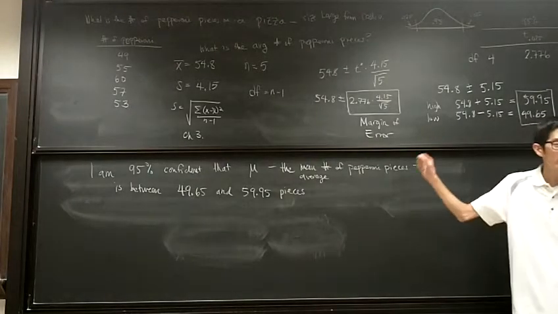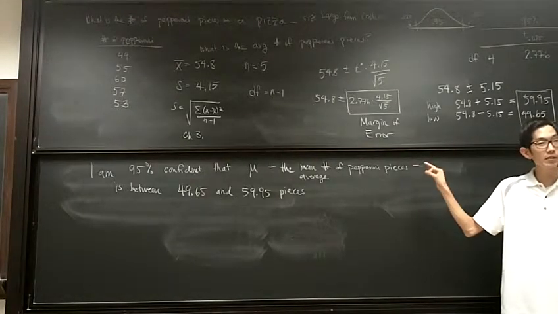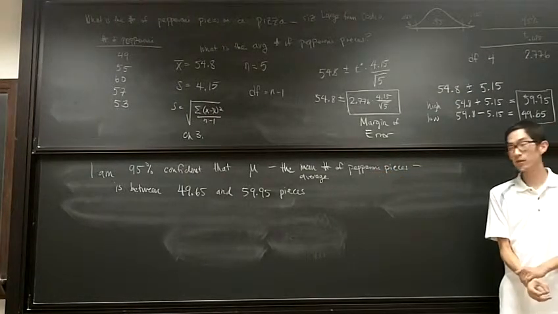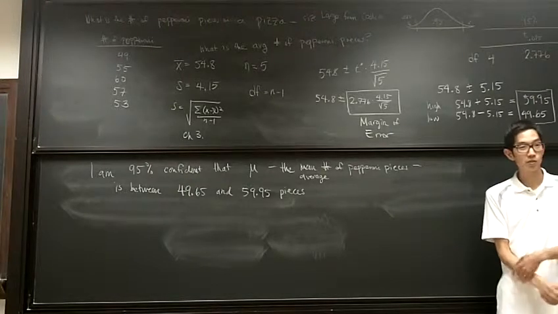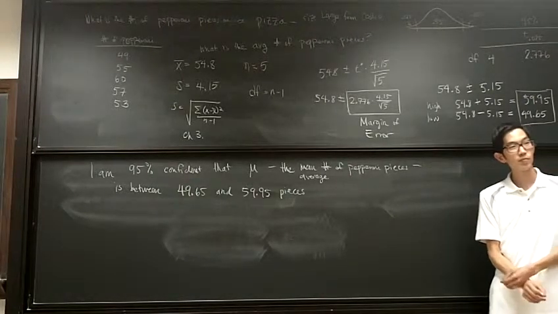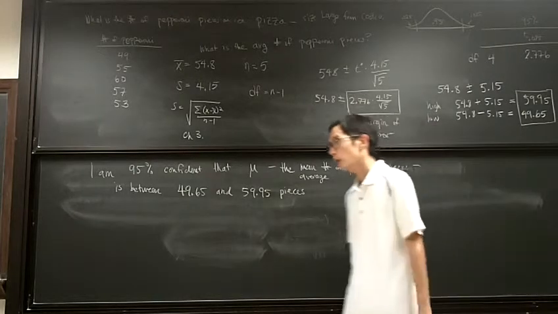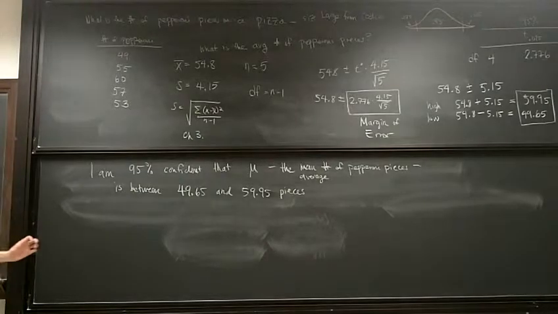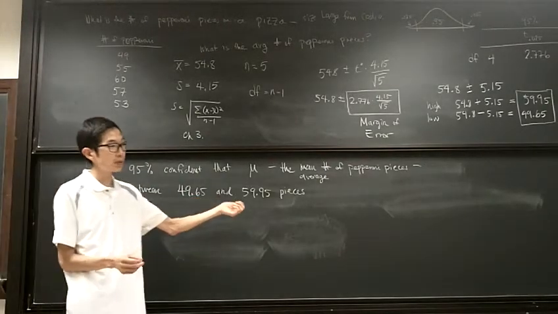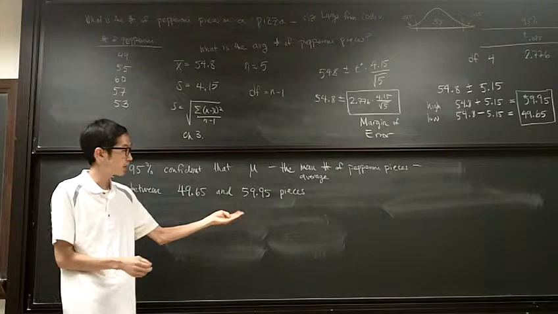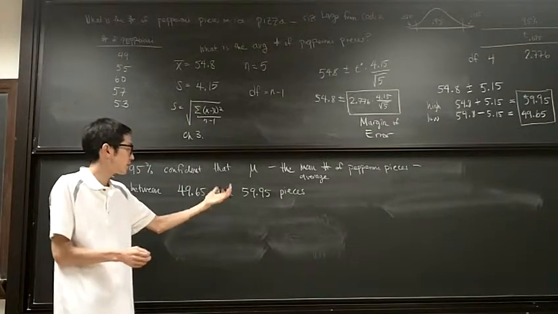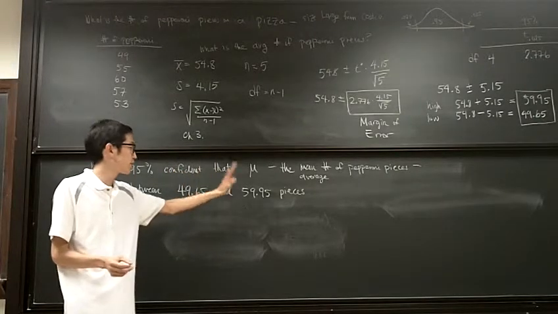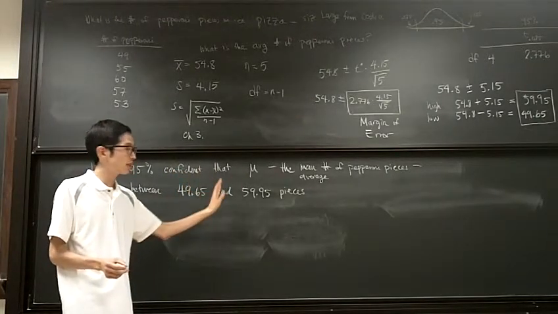Based on this, do we have evidence that mu, the mean or average number of pepperoni pieces, is not 62 pieces? I would say we do have evidence, okay? It's possible that the average is 62, but that would be surprising to us, because according to our data, we're 95% confident that the average number is between 49 something and 59 something.